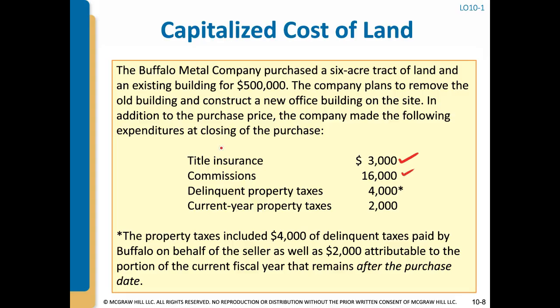Commissions is capitalized. Delinquent property taxes has an asterisk, which tells us that the property taxes included $4,000 of delinquent taxes paid by Buffalo on behalf of the seller, as well as $2,000 attributable to the portion of the current fiscal year that remains after the purchase.